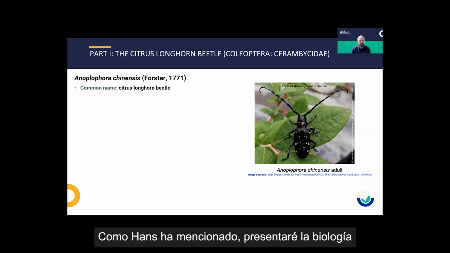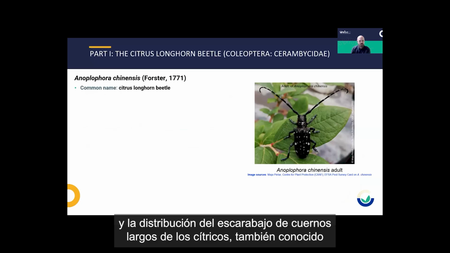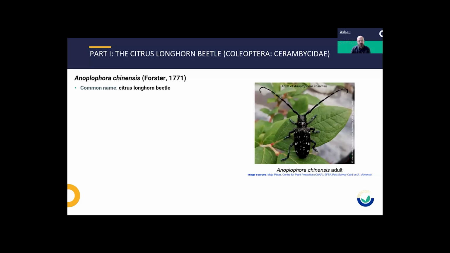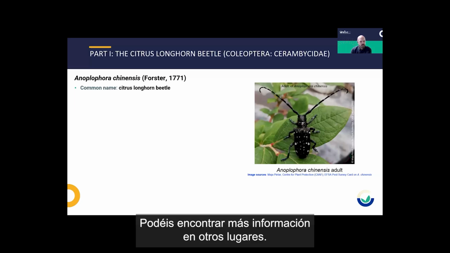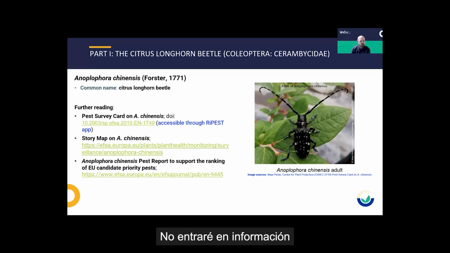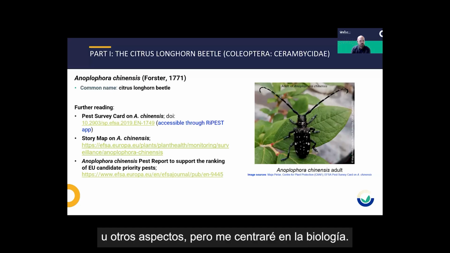As Hans already mentioned, I will present the biology and distribution of the citrus longhorn beetle, also known as Anoplophora chinensis. I will not tell additional information about ecology and a lot of other topics, but focus mainly on the biology.